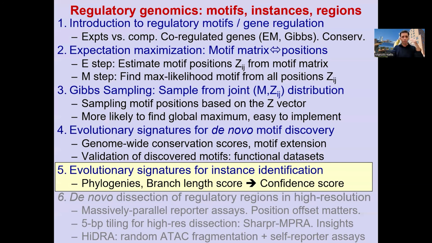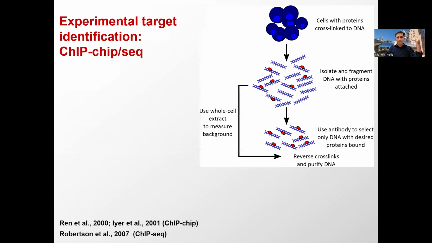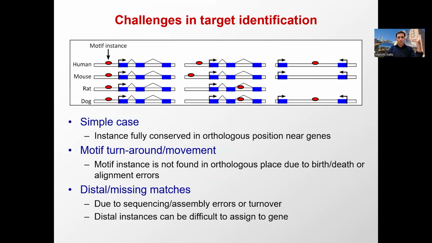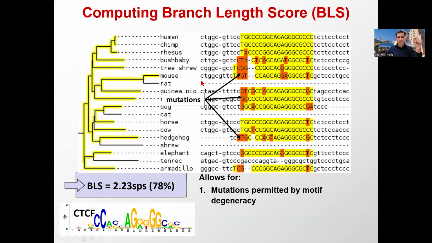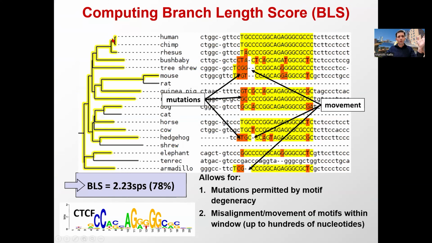We're basically going to use evolution again, but now using much more stringent tests to ask what is the overall branch length, the phylogenetic branch length over which instances of that motif are conserved. Okay. We want to tolerate mutations.